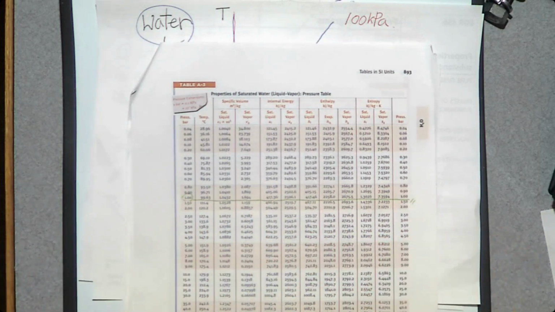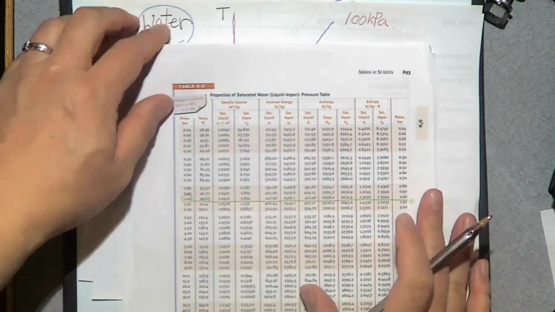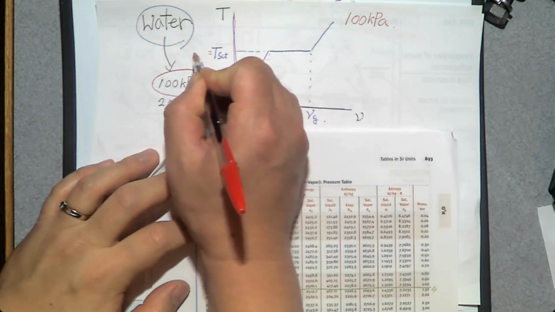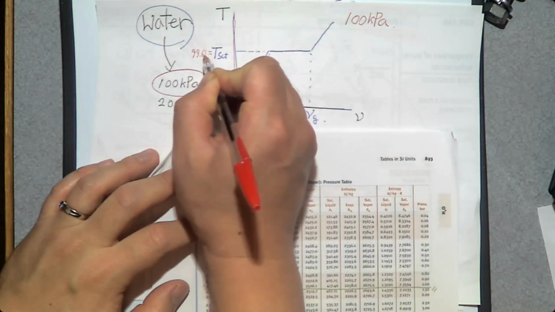Okay? So what do we need to complete this TV diagram? We need to know T sat. T sat is the second column. So what is the value? 99.63. So I'm going to write T sat is 99.63 degrees Celsius.